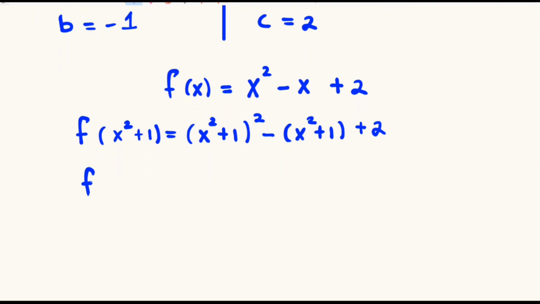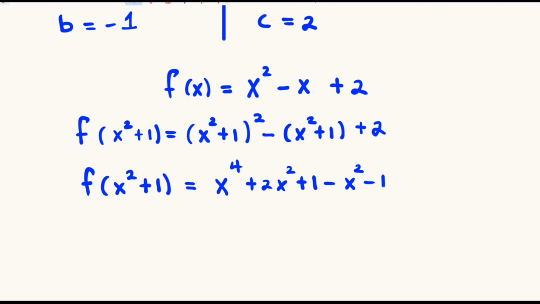From here, we simplify, our f of x squared plus 1 will be equal to x to the power 4 plus 2x squared plus 1. We distribute the negative, so we have negative x squared minus 1 plus 2.